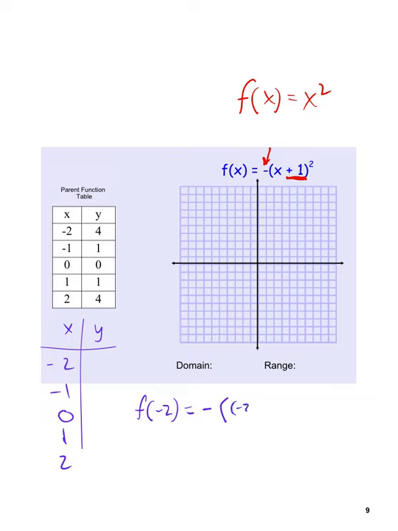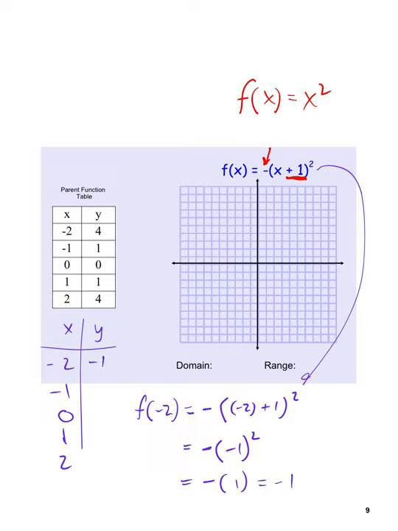This value that I'm putting in for x is -2. Now I'm going to add 1, and then I'm going to square it. Well, that means the negative's out front. -2 plus 1 on the inside is -1, and that's squared. -1 squared is 1. So this is -1. So this value is -1.